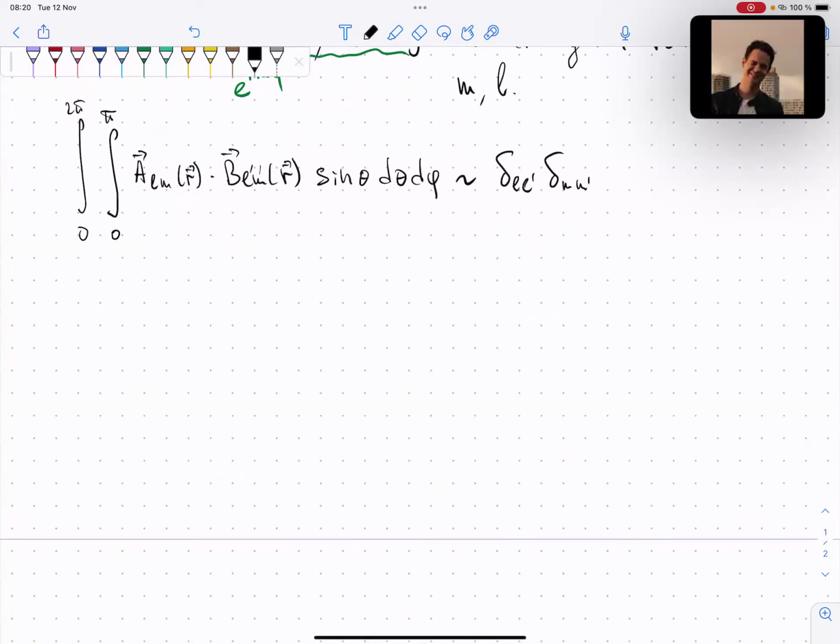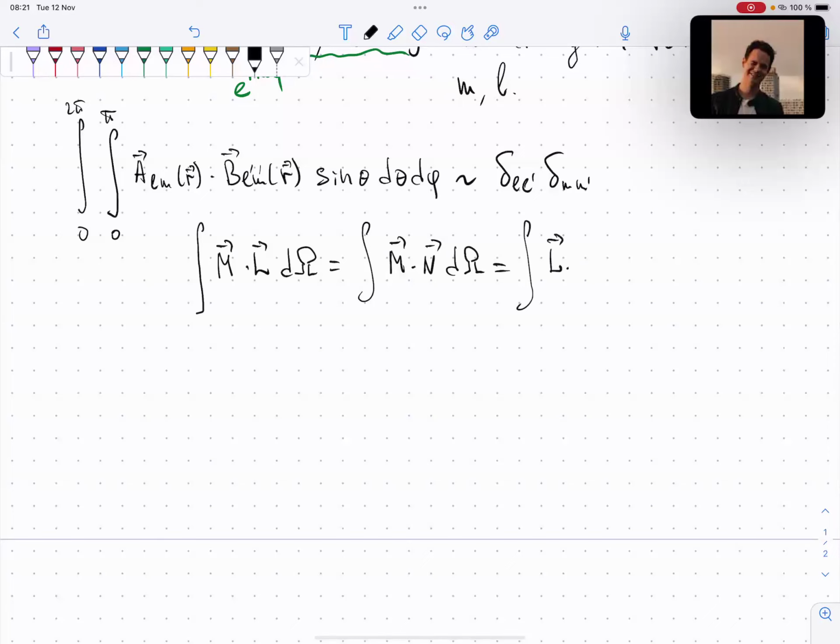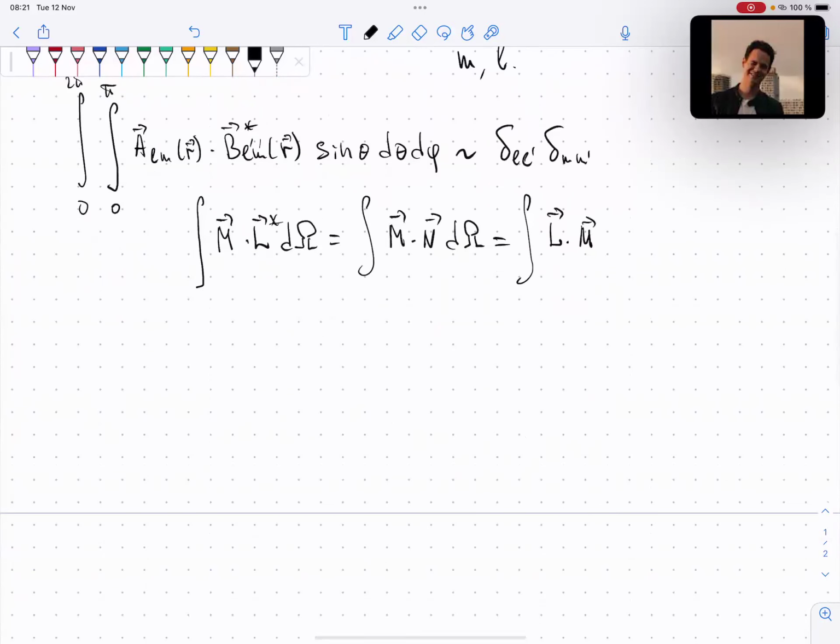Also the same integral of M dot N d omega equals the integral of L dot M, complex conjugated, d omega, equals 0 for any m prime, l prime.